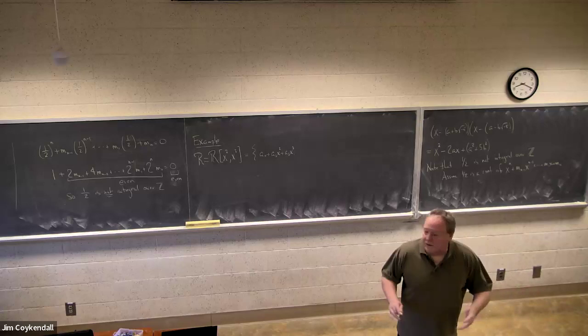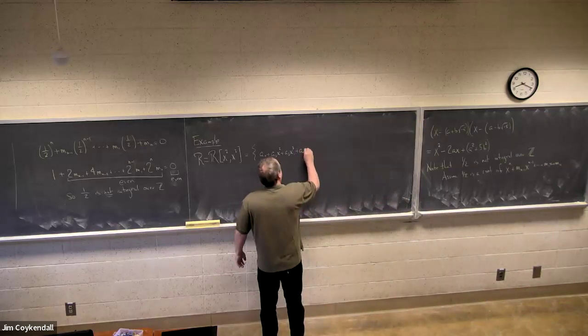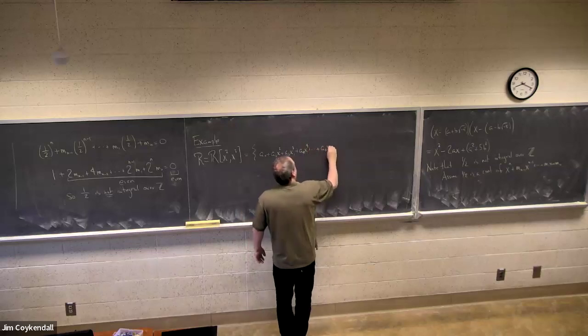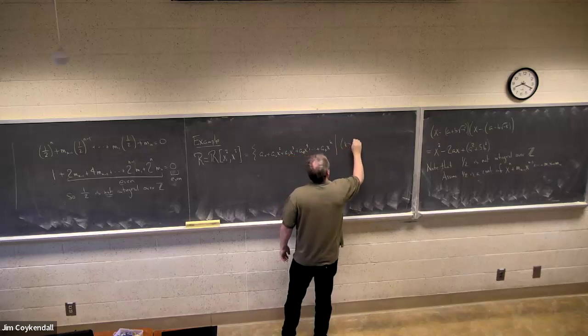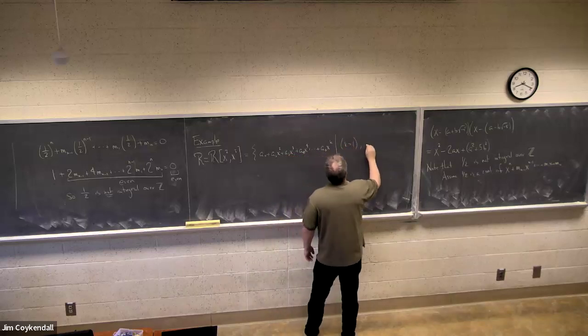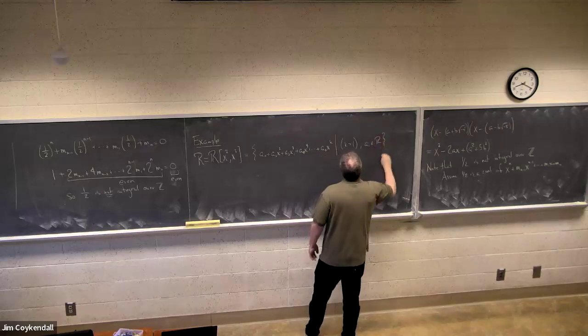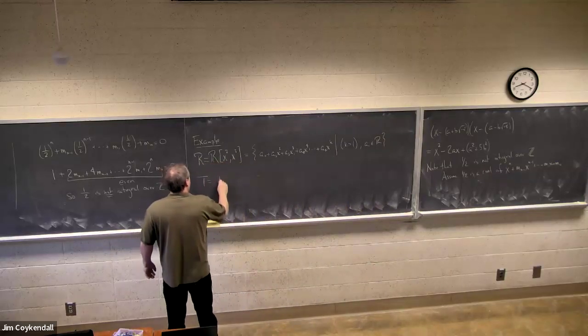So it's missing the linear term. And let's let T be the full polynomial.